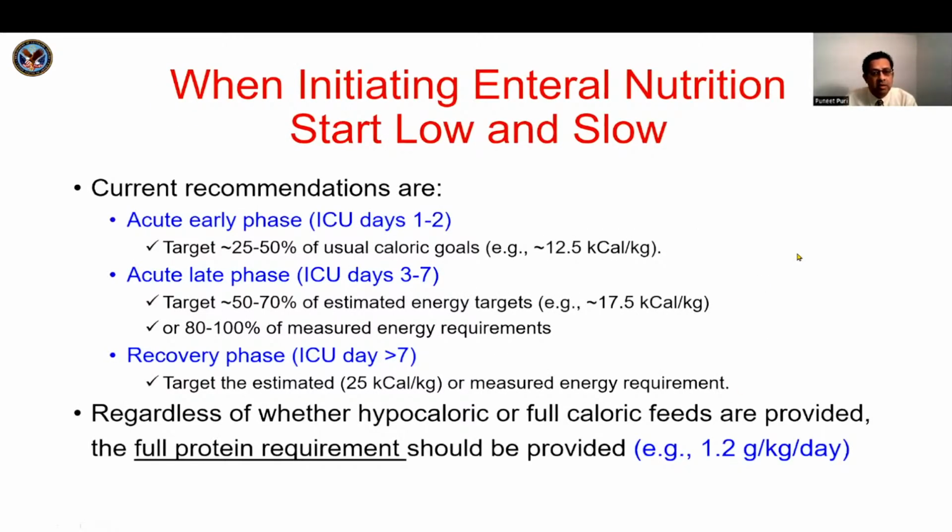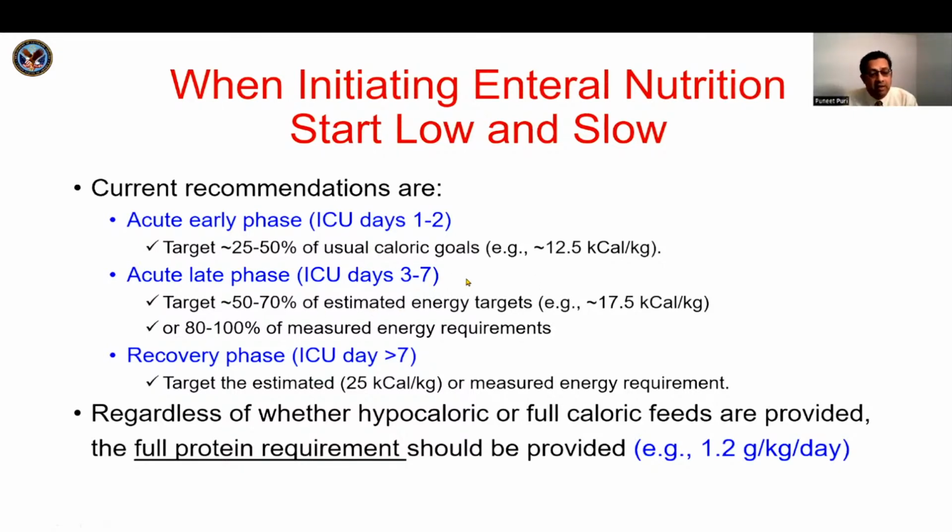So once we have estimated, how do we initiate the enteral nutrition support? Because the majority of these patients are unable to eat by mouth themselves. Current recommendations are that during the acute early phase, which is ICU days 1 to 2, the target should be up to 50% of usual caloric goals. That may translate to about 12.5 kilocalories per kilogram.